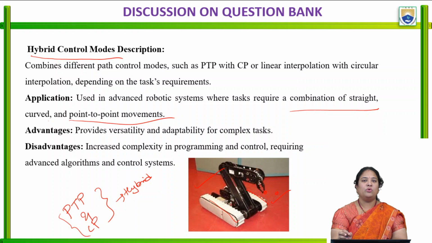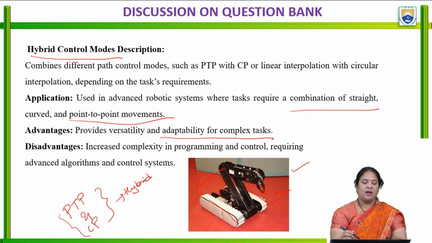That is, any robot with an advanced robotic system where the task requires a combination of straight, curves and point-to-point movement, there we will be using this hybrid control type of robot. The best advantage of this robot is that it is very versatile and adaptable for complex tasks.